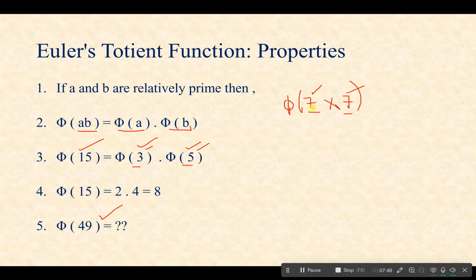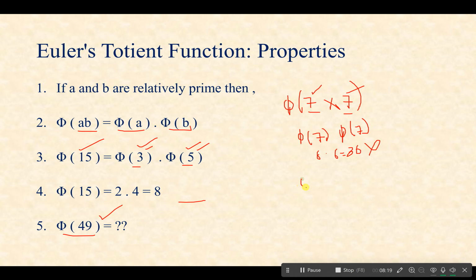As I already told you, you cannot write it like this. You cannot say phi of 7 into phi of 7. Phi of 7 is equal to 6 into 6. That is 36. See, this answer is wrong. We are speaking about phi of 49, and this method is wrong, because these two numbers should be different.